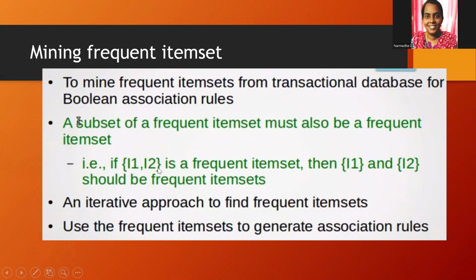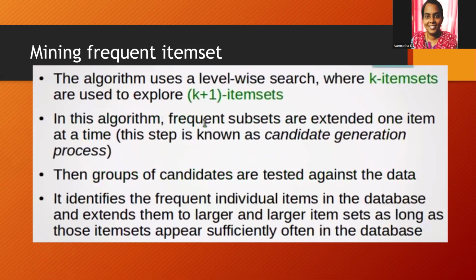So we say an item set, for example {I1, I2}, is frequent provided its subsets, I1 separately and I2 separately, must also be frequent. This is the rule used for mining frequent item sets.